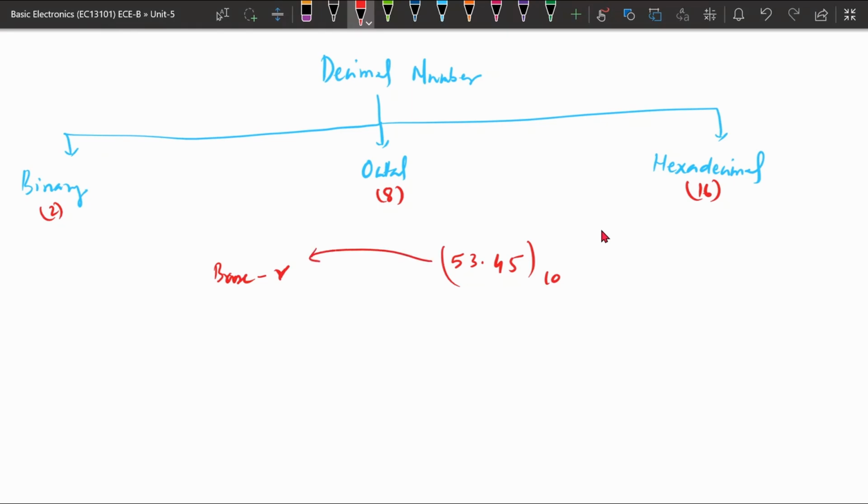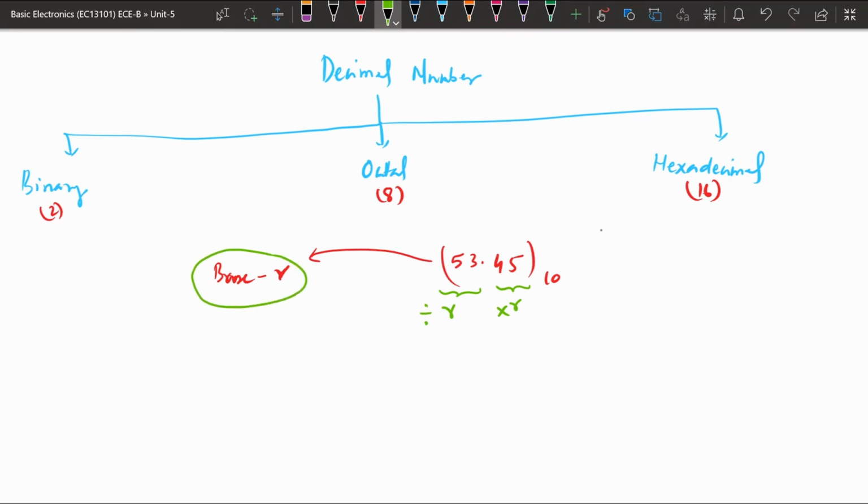So we divide the integer part by r, and we multiply the fractional part by r. That gives us the equivalent representation of the decimal number in the number system with base r.